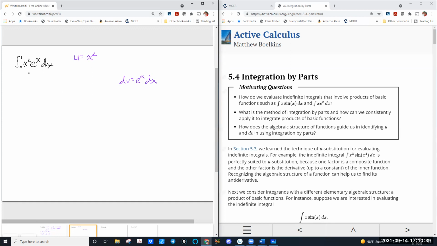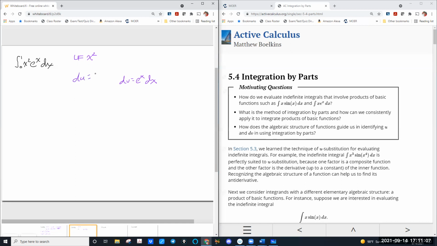And this is something you guys are going to notice as you do more of these. If you've got a polynomial times what's called a transcendental function. Transcendental functions are e to the x and trig functions. If you've got a polynomial times a transcendental, it's basically going to be u is your polynomial, your dv is your transcendental, and you do it however many times until you get to a basic antiderivative.